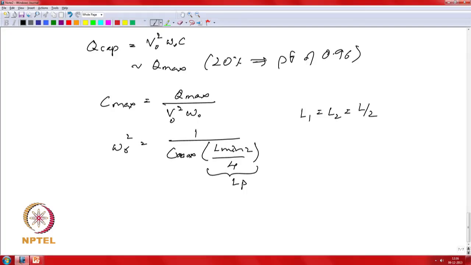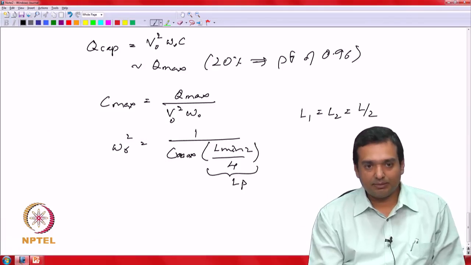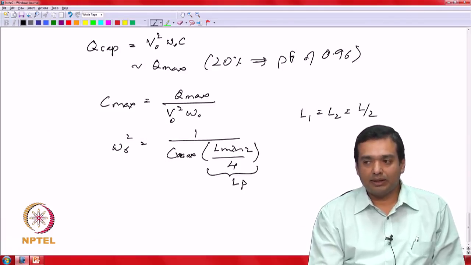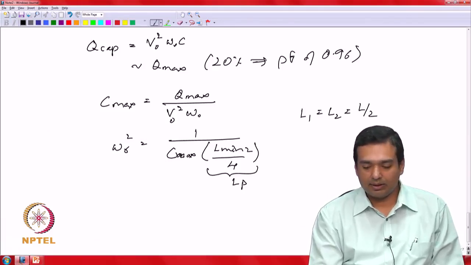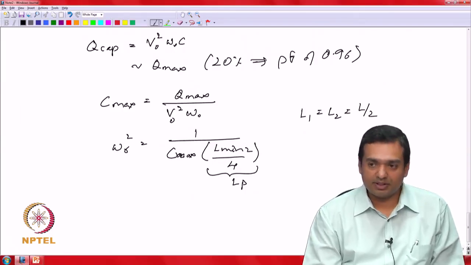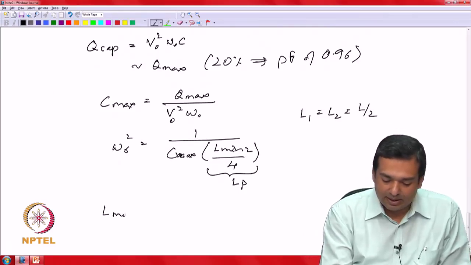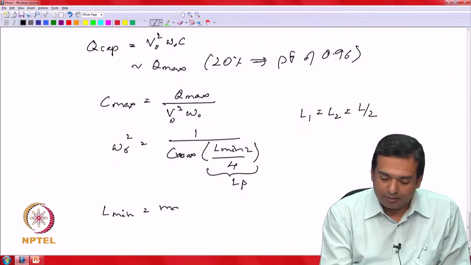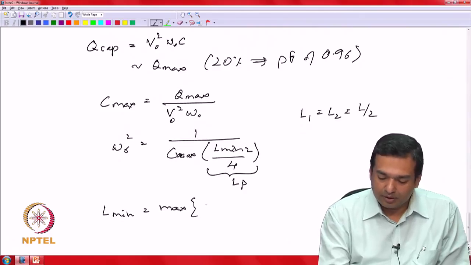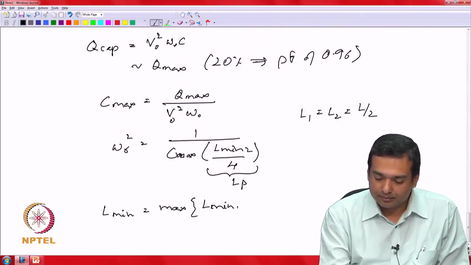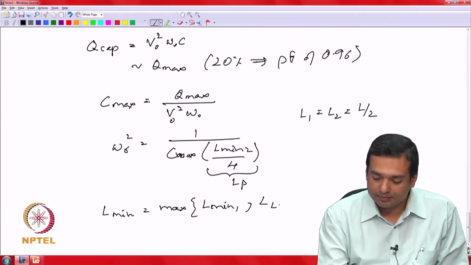So on the minimum side there are two constraints. One constraint is about the ripple current being injected into the grid. The second constraint is on the amount of reactive power that is being consumed by the filter. You could then say your L min may be the upper limit of your L min 1 and L min 2.